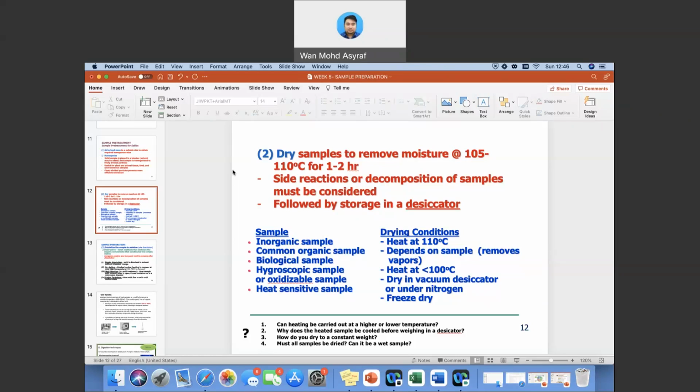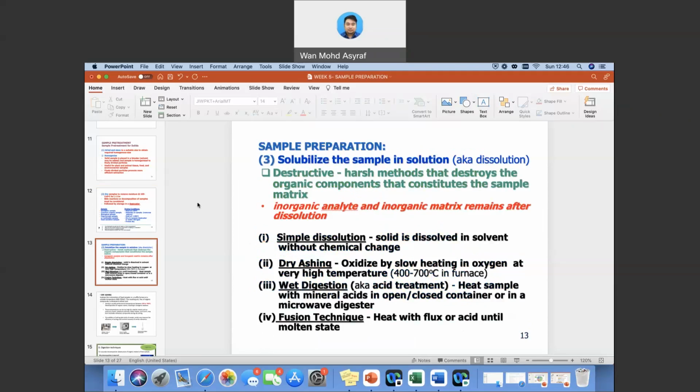Okay. So these are the samples and the drying conditions that you can have a look at. After we have done drying, we need to solubilize the sample in solution. Basically this is a destructive, harsh method that destroys the organic components that constitute the sample matrix.